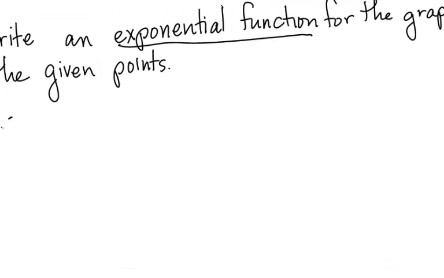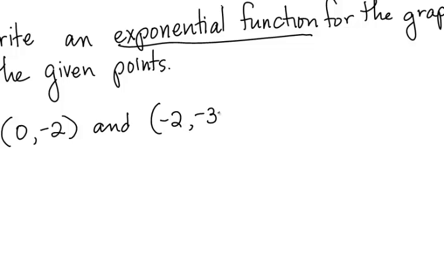So here are the 2 ordered pairs: 0, negative 2, and negative 2, negative 32. You start with y equals a b to the x, because they want an exponential function.